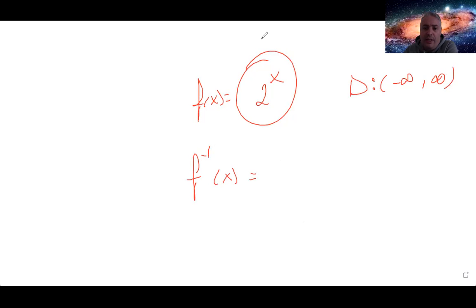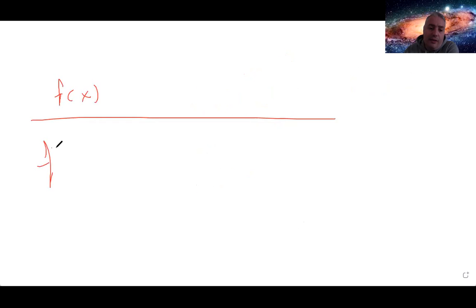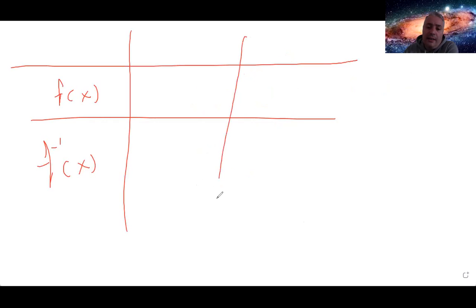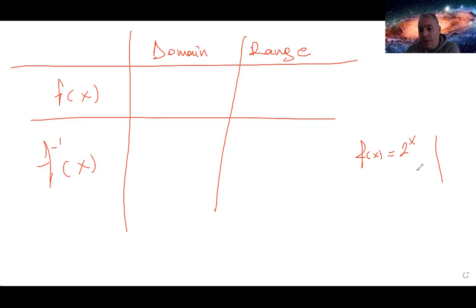Or let me maybe better draw here the function f of x, function f inverse of x, and domain and range. Let's check it together. So f of x is 2 to the power of x, which its graph is this, and f inverse of x graph is something like that.